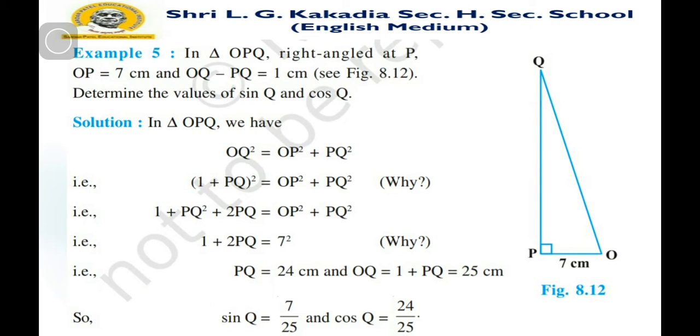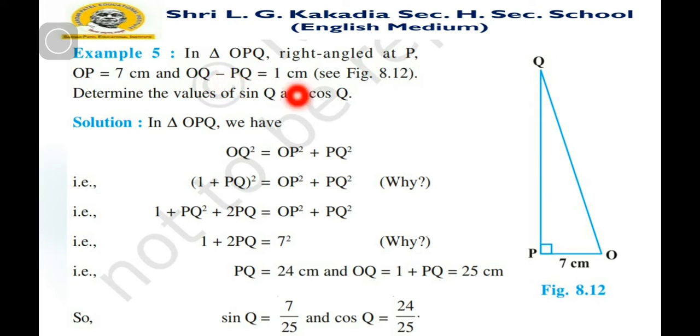Now example number 5. In a triangle OPQ, right angle at P, given that OQ minus PQ is equal to 1 centimeter. OQ is the hypotenuse, and we know that the hypotenuse is larger than the other sides of a right angle triangle.